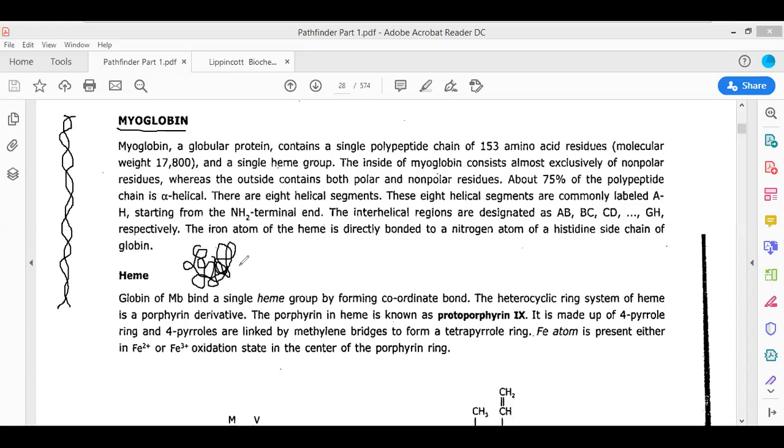This would be the structure of a globular protein. They have a unique 3D structure, and this 3D structure is responsible for their catalytic function. They have this unique 3D structure which is responsible for their respective function.